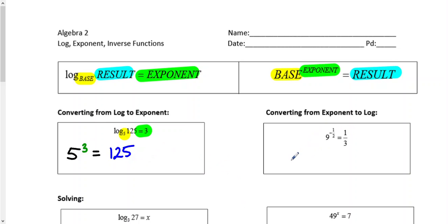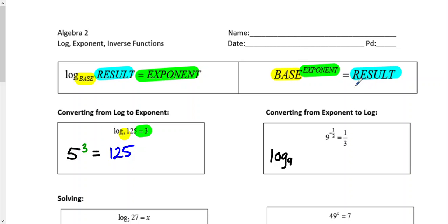And we can go the same way if we are going from exponent form into log form. So first I need to write the word log, and then notice here in this form the base is written smaller and kind of below log. So again, log base, well, the base of my exponent is 9. So log base 9, and then after the base we write the result.